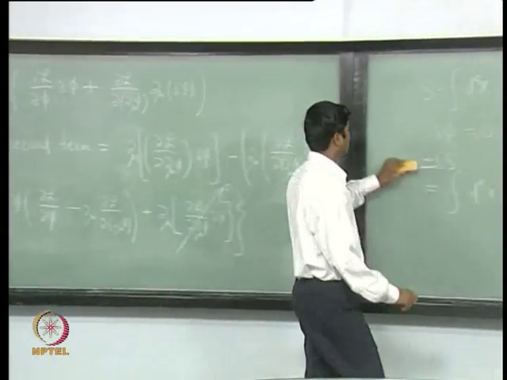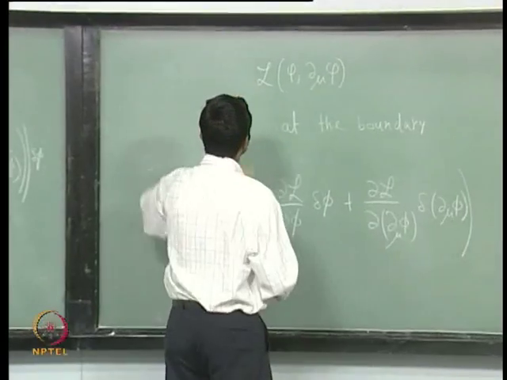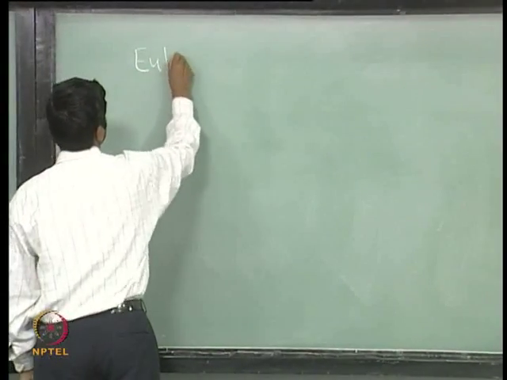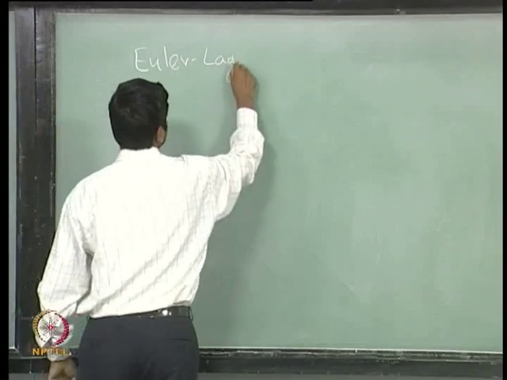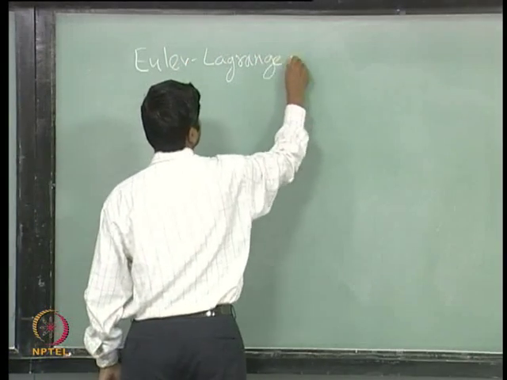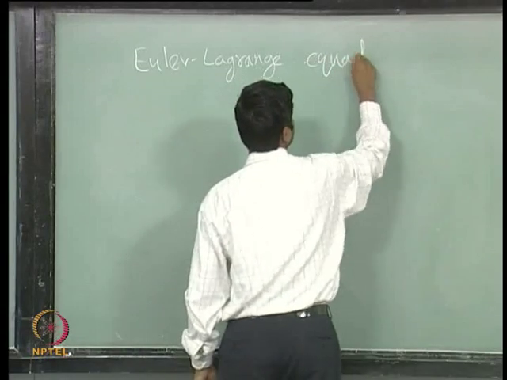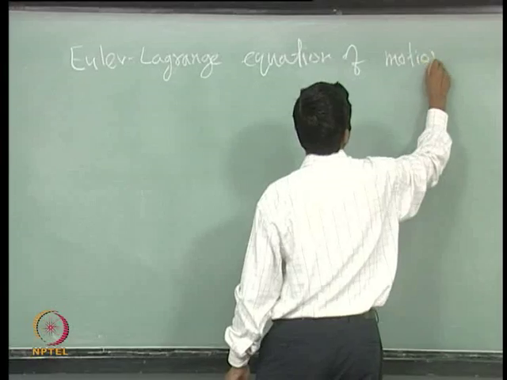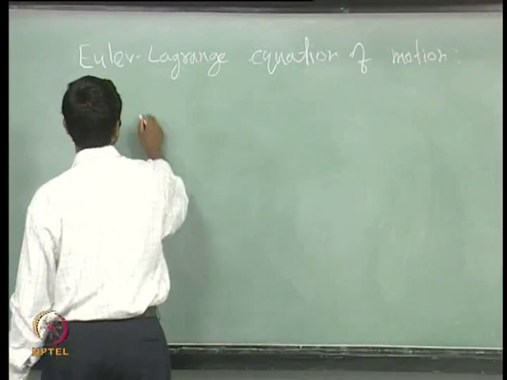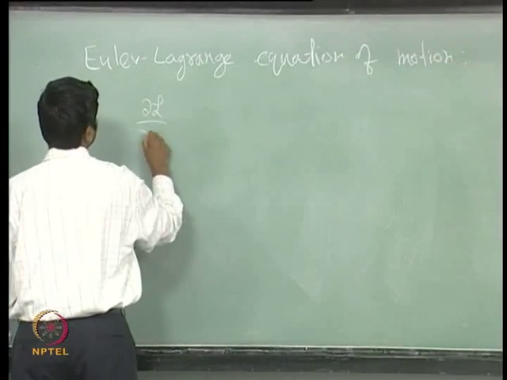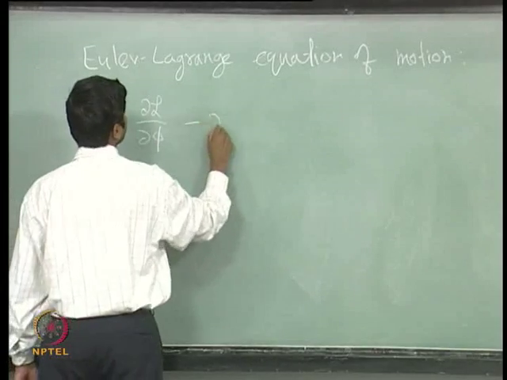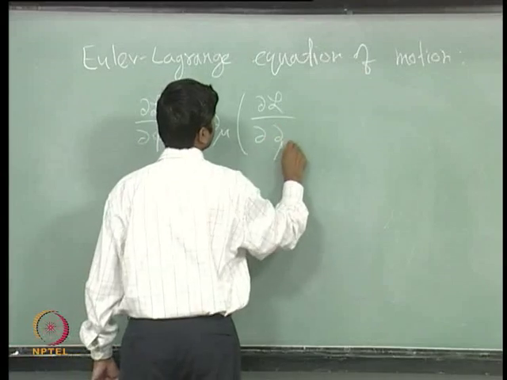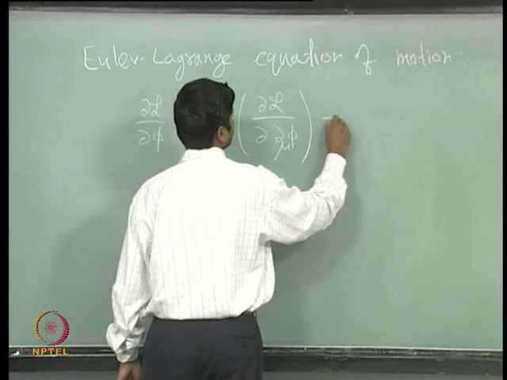So, the Euler-Lagrange equation of motion is given by del L over del phi minus del mu of del L over del del mu phi is equal to 0.